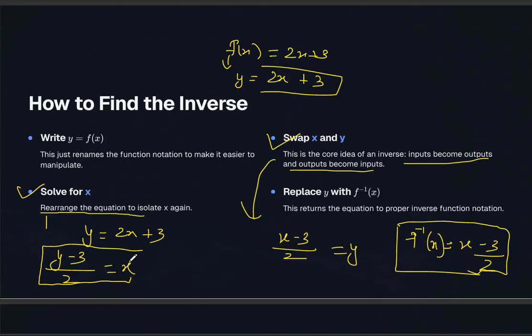Why do we do so? We do so because in a function and its reverse function, the roles of output and input get reversed. After that, we just replace y with the inverse function, because the function which we get, y is equal to something, is our required inverse function.